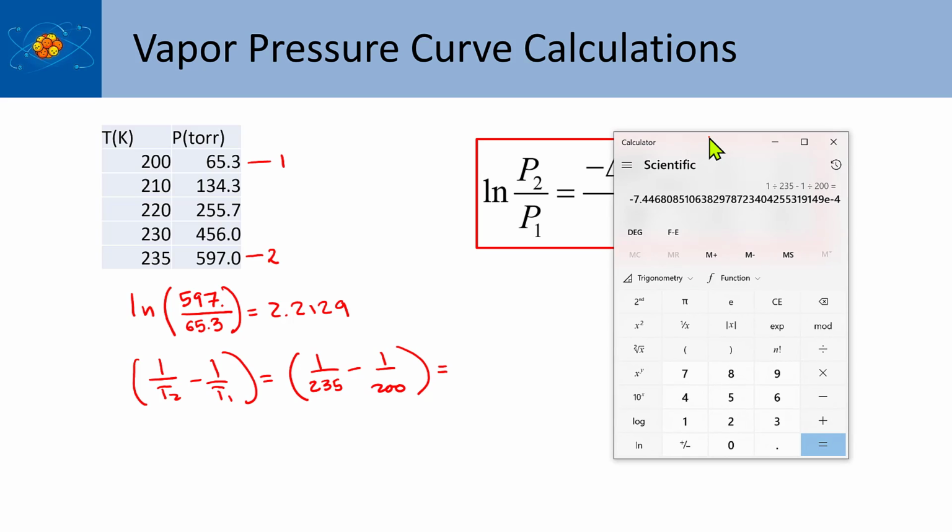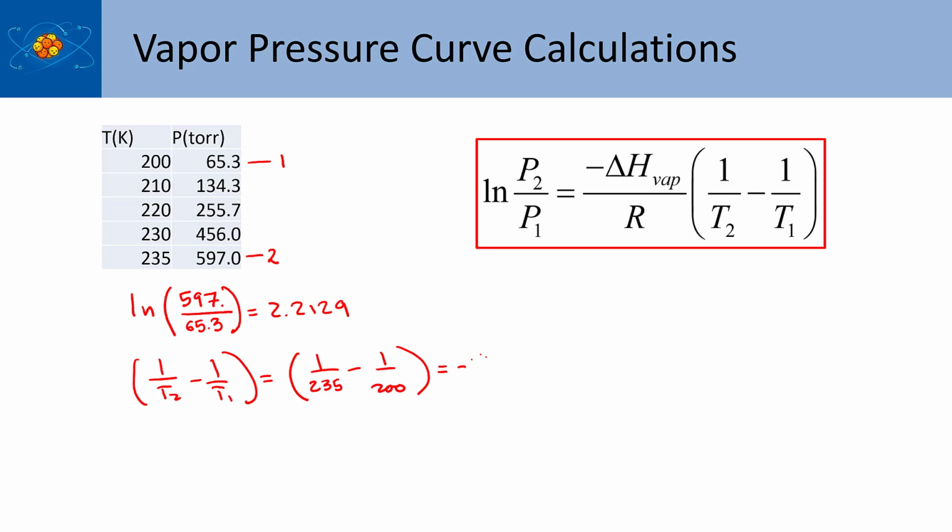So that's going to be 7.447, let's say, times 10 to the minus 4. The units on this are 1 over Kelvin. You'll notice that in this ratio of pressures, the units will cancel out. So this is why this ends up being unitless in these equations.